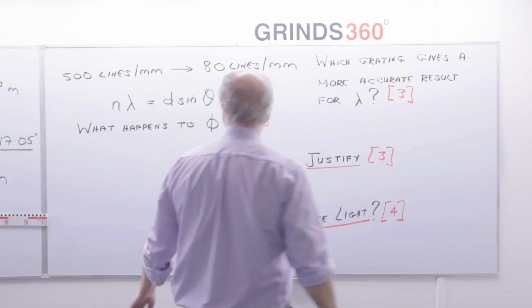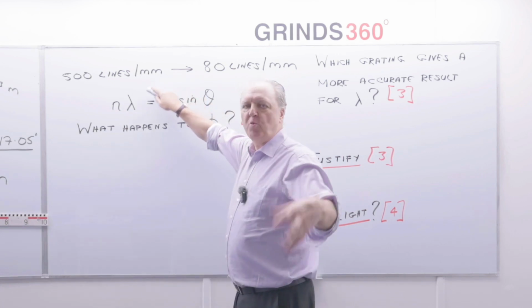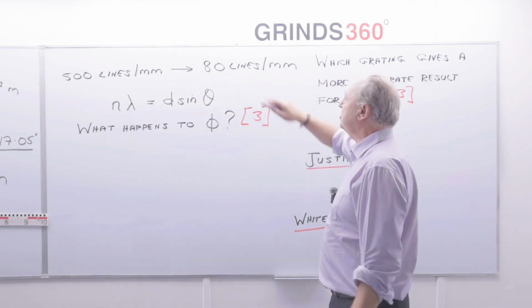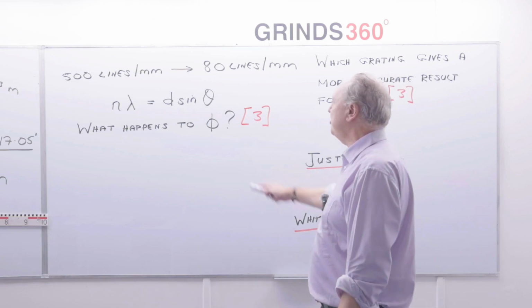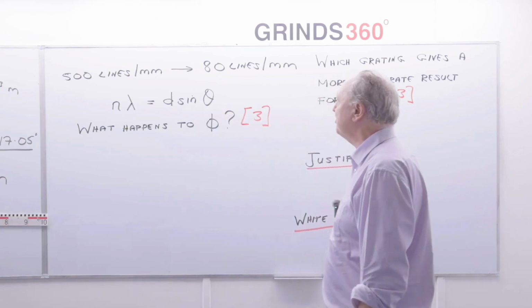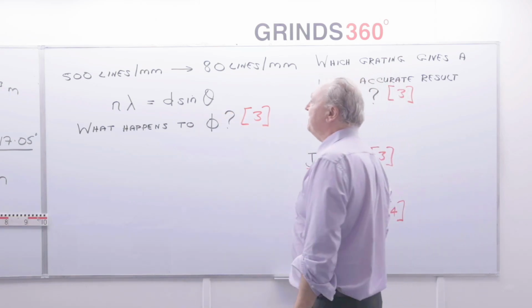So what are we saying? 500 lines per millimeter, that was the diffraction grating we were using, and that's now turned into 80 lines per millimeter. What happens to your value of phi? There's my diffraction formula. Well, what's happening to the value of d?